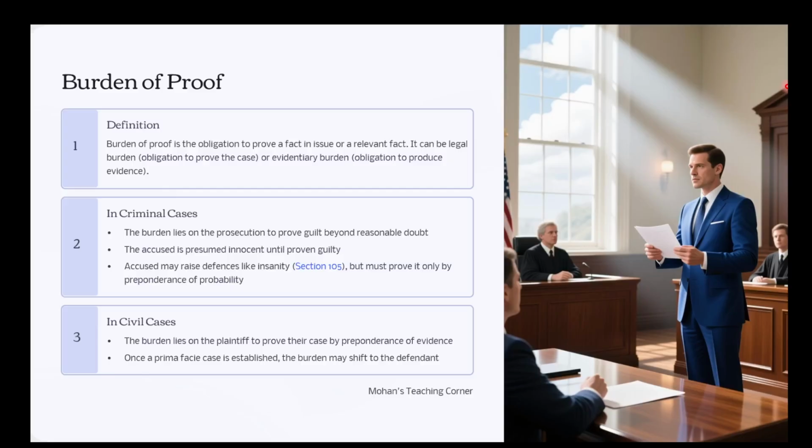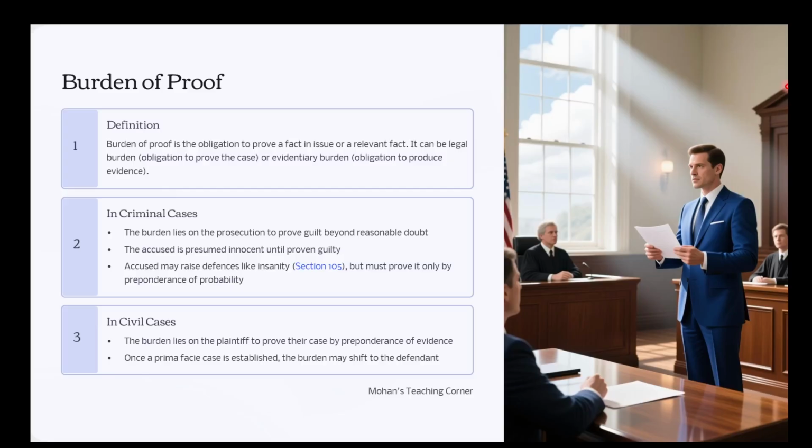So burden of proof we'll discuss. Definition, and we'll discuss criminal cases and civil cases. So the definition of burden of proof: burden of proof is the obligation to prove a fact in issue or a relevant fact.